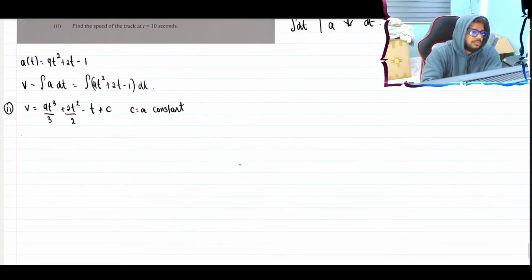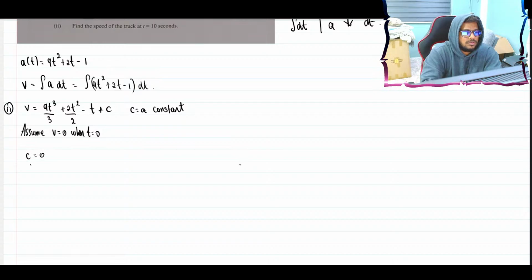So we could assume that v is equal to 0 when t is equal to 0. So I end up getting c is equal to 0. So v is going to be 3t cubed plus t squared minus t. This is v in terms of t.